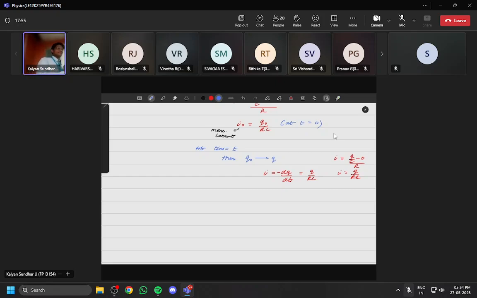Q naught is the maximum charge, and Q is the charge which is attained after a particular time. That's the Q value. Now, again, by rearranging the terms, you get minus dq by q equal to 1 by RC into dt.